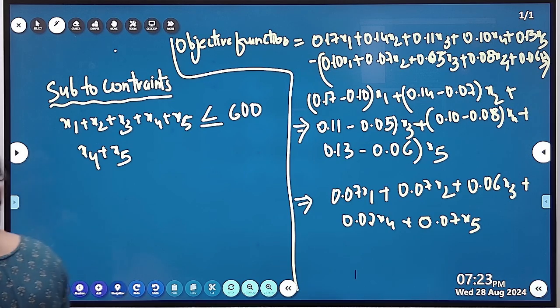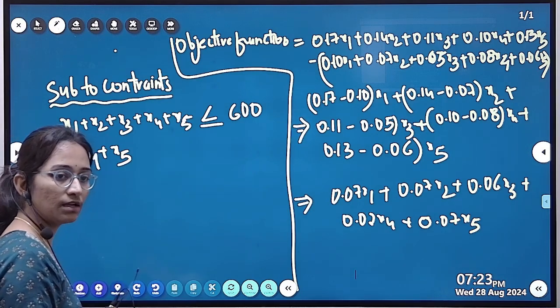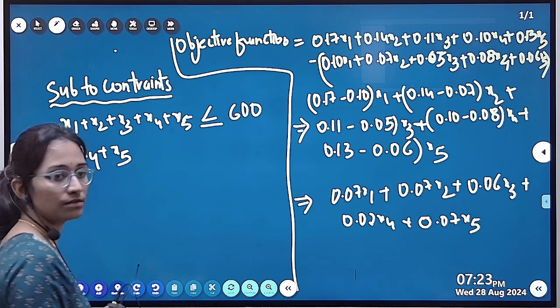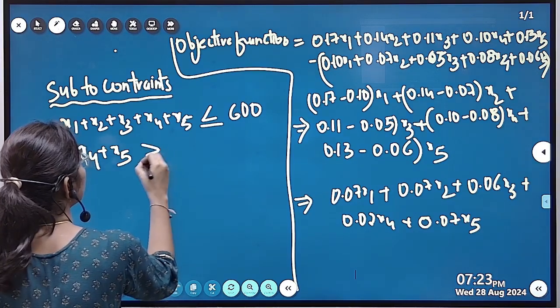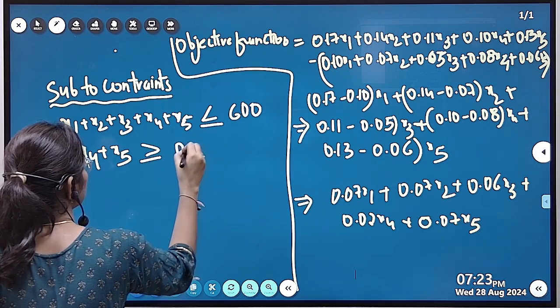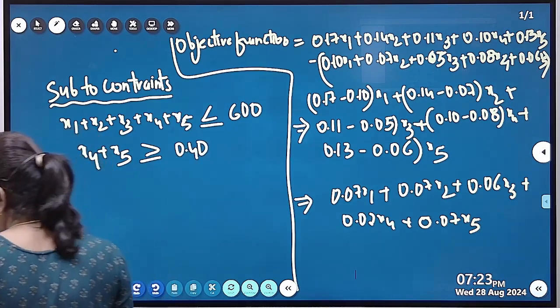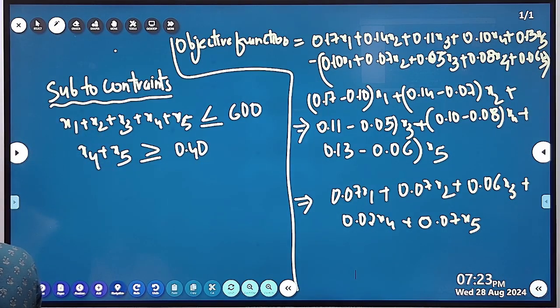At least means it should be a minimum of 40%. It may be more than that. So, greater than or equal to 40%. It can be like 0.40. Okay, you can write like this. Next one. Fund allocated to housing.